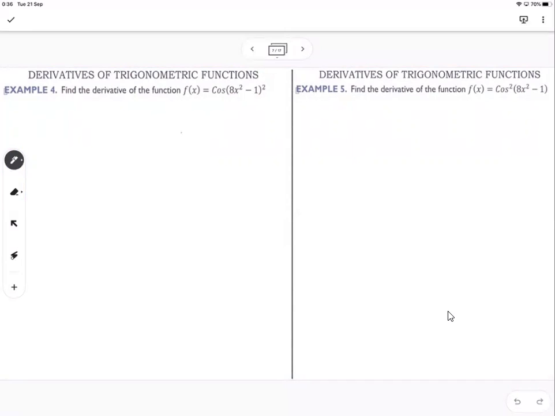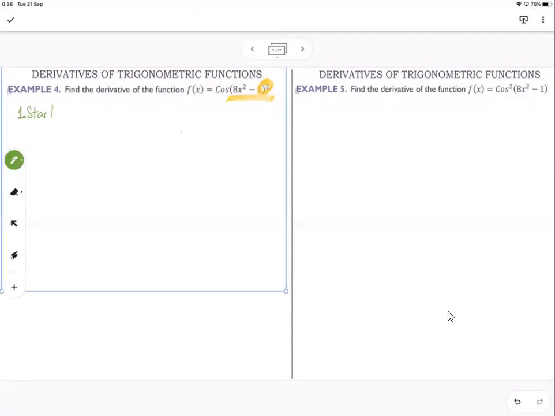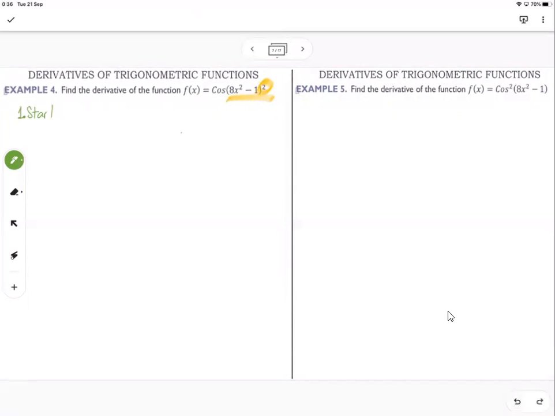In example 4, the exponent is applied only to the angle since it is beside the angle, as you can see here. It's just for the angle. So it means that I'm going to start with the cosine rule, since we have a trigonometric function which is cosine.